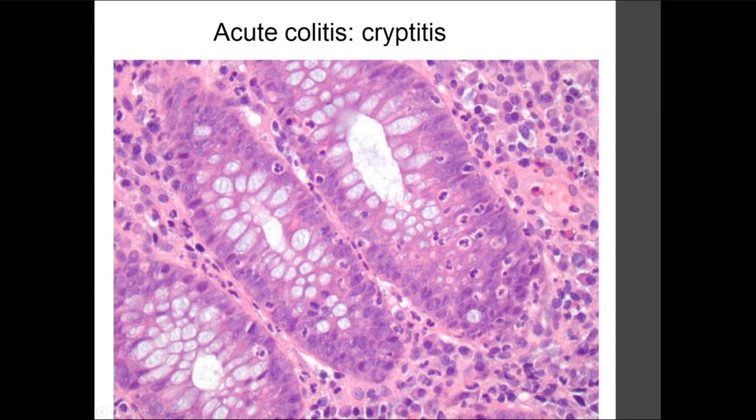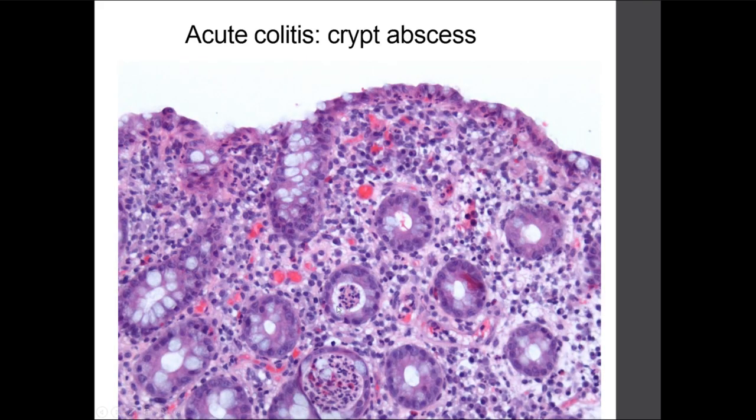You can see some eos as well as neutrophils, like we have here. Like in our case, these cases evolved to have many times more prominent neutrophilic mediated injury with neutrophilic abscesses filling the lumen of these crypts.